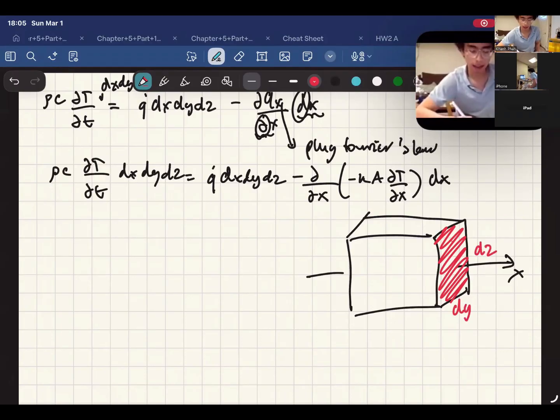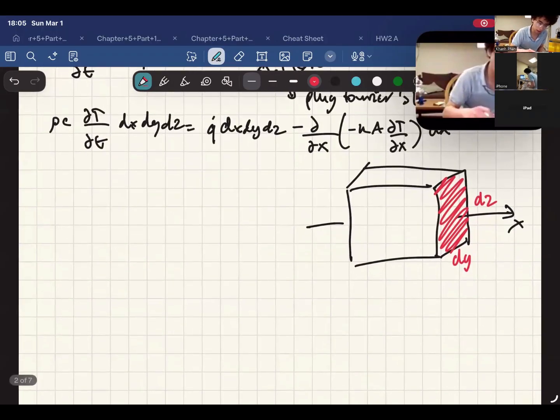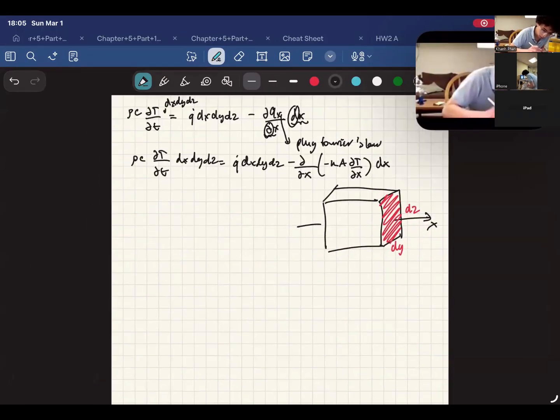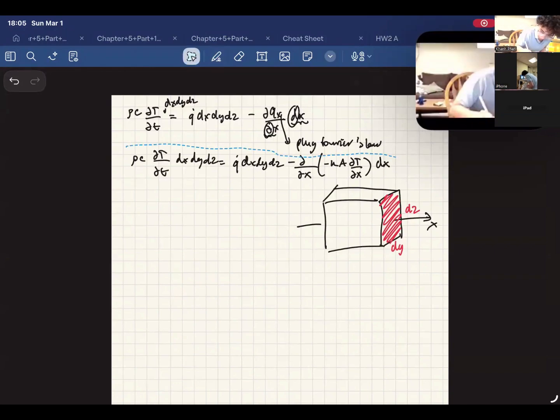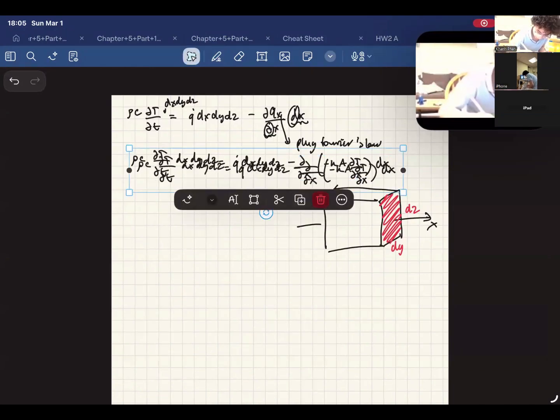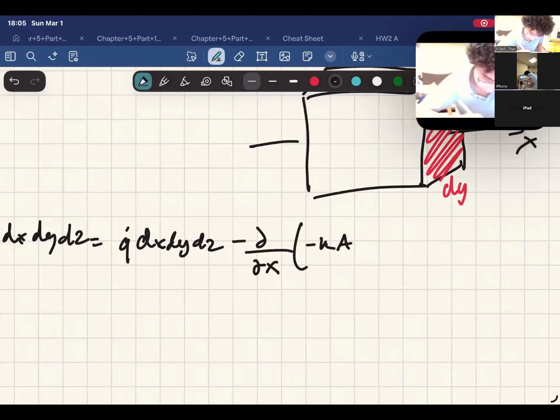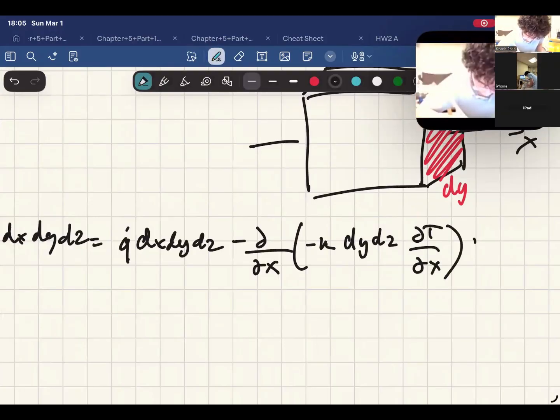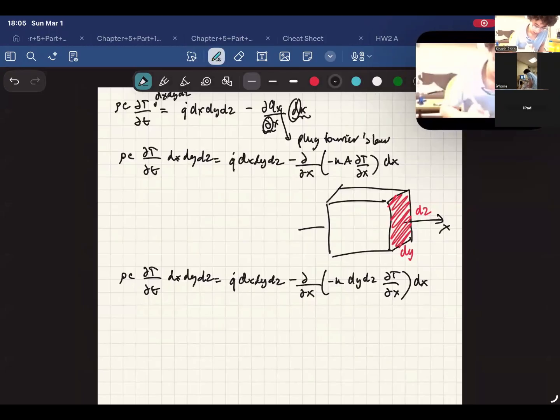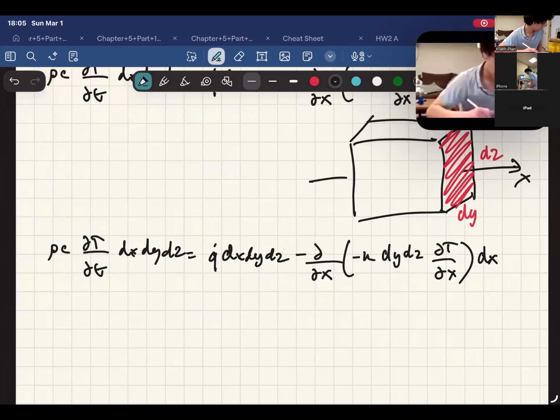So dy and dz create the area that the heat qx flows through in the x direction. So we're gonna plug in A with dz and dy. I'm gonna copy this equation again down here, and then we would have A as dy dz, and then dT dx, and then dx. So now we see that we can cancel out the volume. So we're gonna do that.